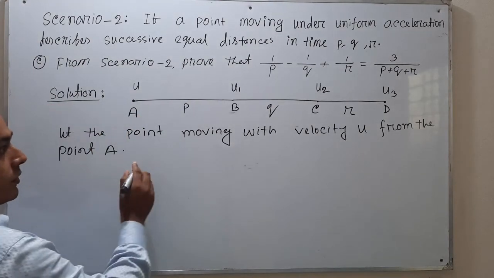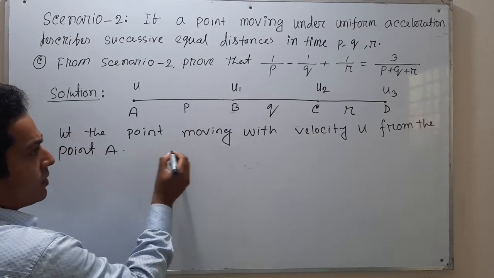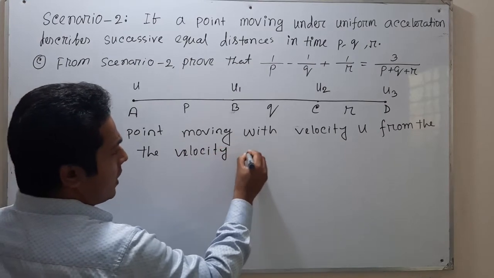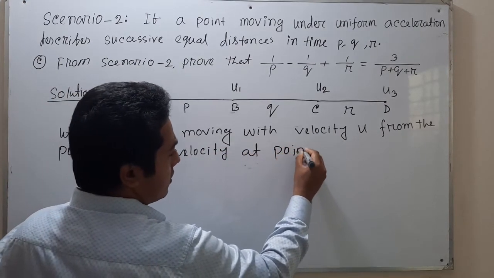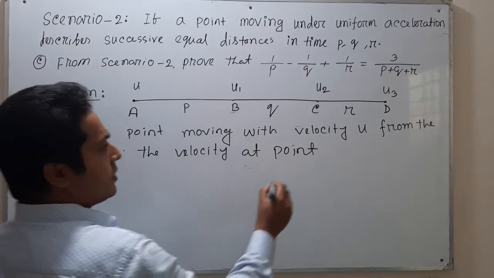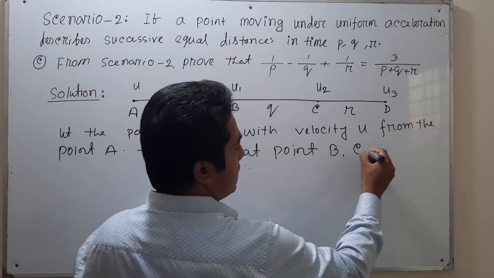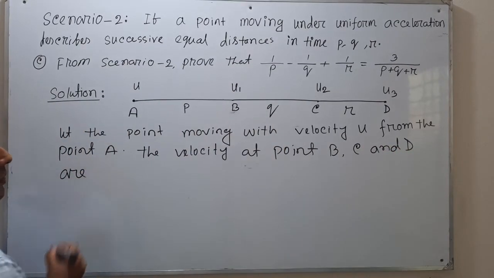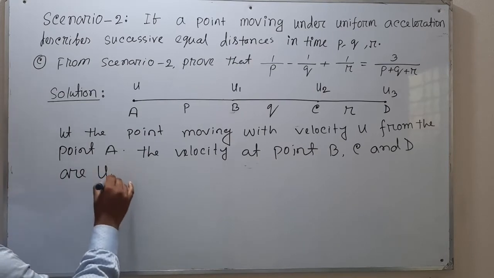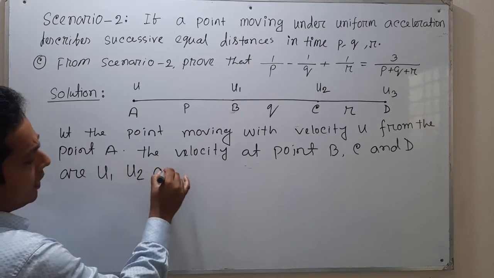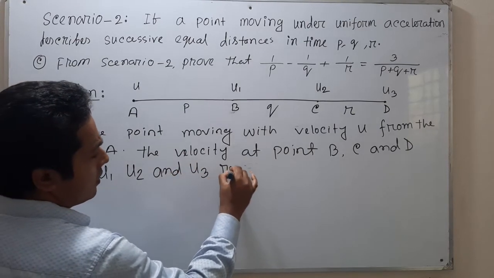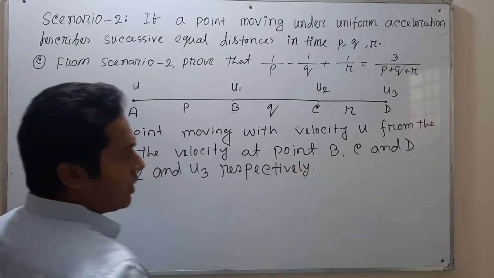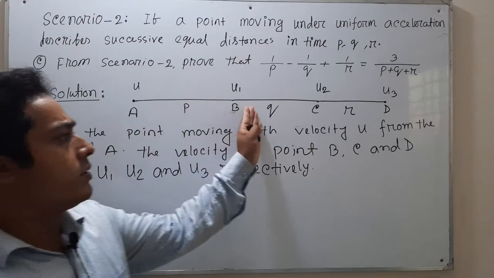The velocities at points B, C and D are u1, u2 and u3 respectively, and the time is given p, q, r.